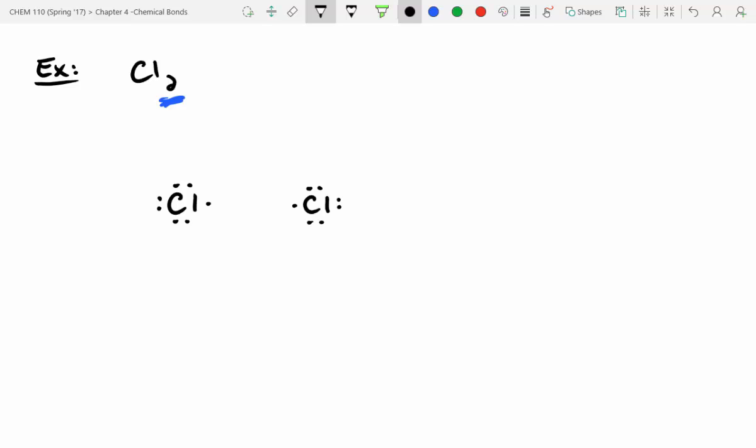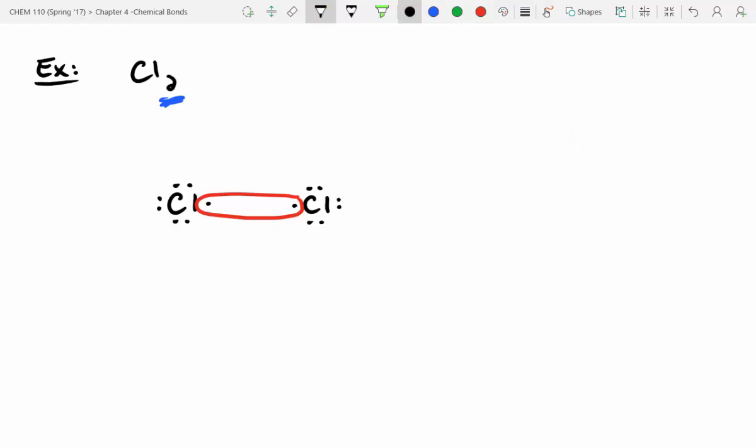What's the difference in electronegativity between these two? None, right? They're identical. So they have no difference in electronegativity. That means they're more likely to form a covalent bond, meaning they want to share electrons. So if we look at these, which electrons do you think are likely to be shared? Yeah, the middle ones.